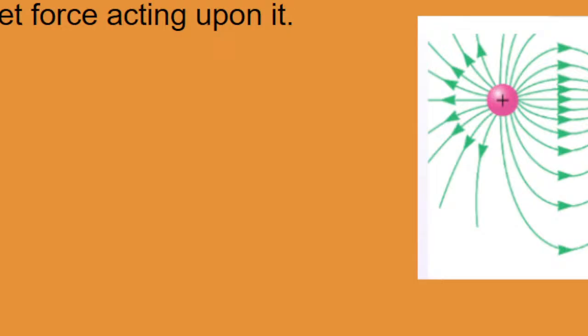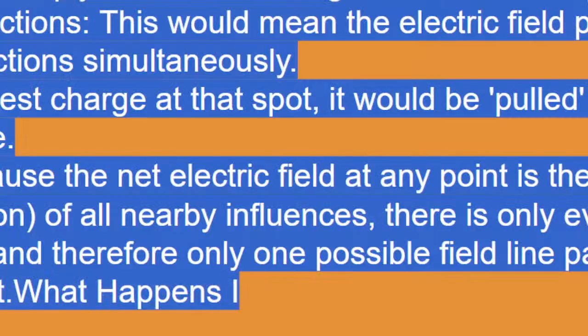And another rule is they never cross each other. Because when they cross, a single point in space can have only one unique net force acting upon it. If they cross, it will have two lines of force, which is again a violation. At the intersection of two curves, you can draw multiple tangents, which is not possible and is against the laws of mathematics.